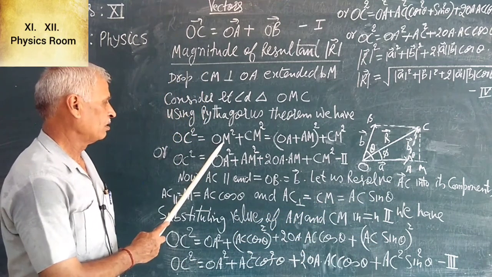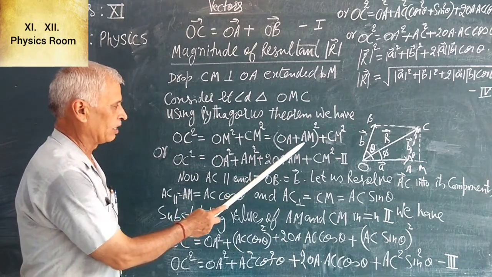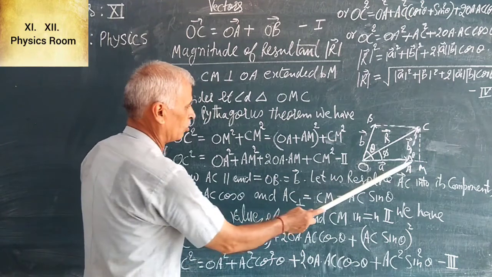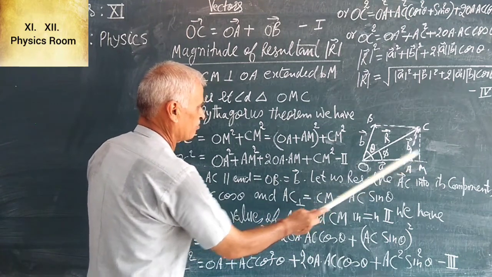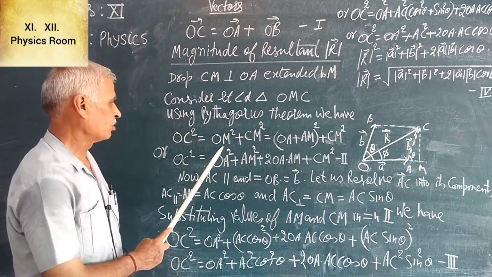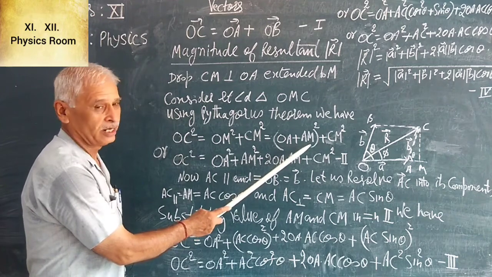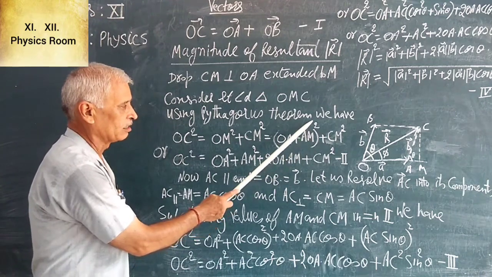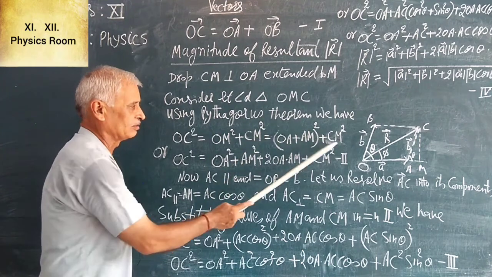Now OM can be expressed as OA plus AM. So we replace OM square by OA plus AM whole square, plus CM square as it is.